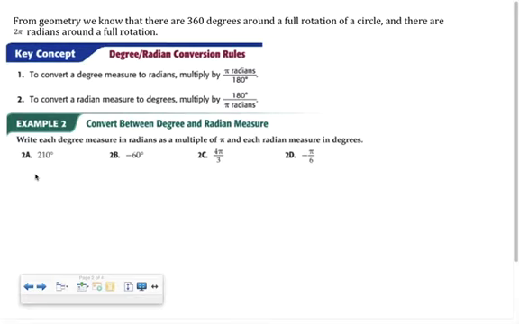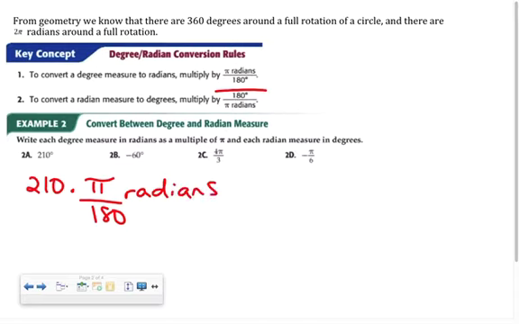Now, in order to convert 210 degrees into radians, I'm going to use this formula and take 210 and multiply it by pi over 180. My answer will be in radians because I won't have radians canceling out.